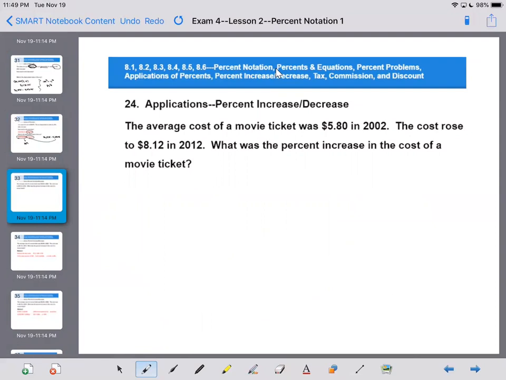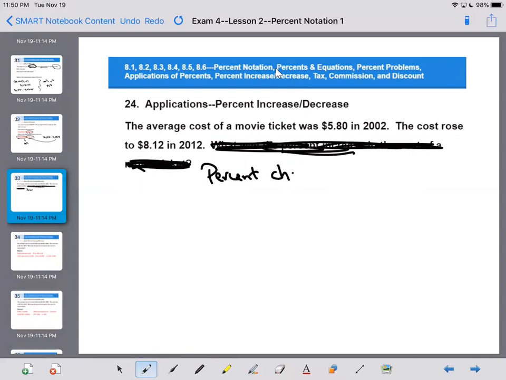Next, we want to look at percent increase or percent decrease. You're going to know when you read the problem if that's going to be a percent increase or a percent decrease, unless I put it in the wording and ask, what is the percent increase? Imagine if I didn't have this here, and maybe I said, what's the percent change?